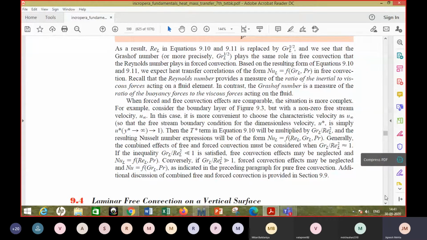But in this undergraduate course, we are not going to talk about combined forced and free convection. One should bear in mind that in real life, there are all chances that these two different types of convection may occur simultaneously.